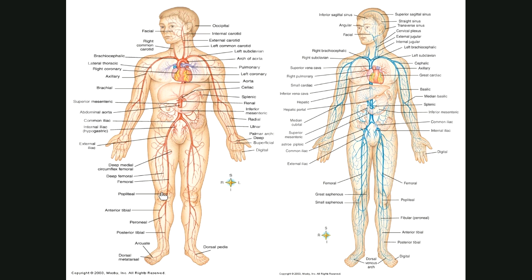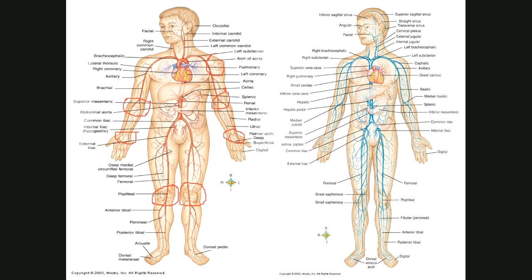And then see here, this part I am showing you is called anastomosis. Where will you find the anastomosis? Anastomosis is always found at the joints, where the joints are present in our body.